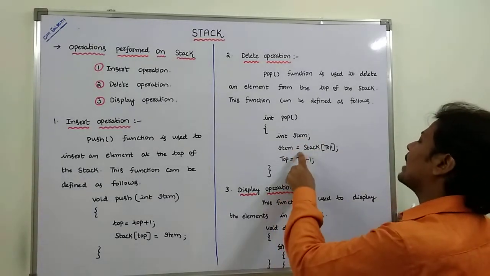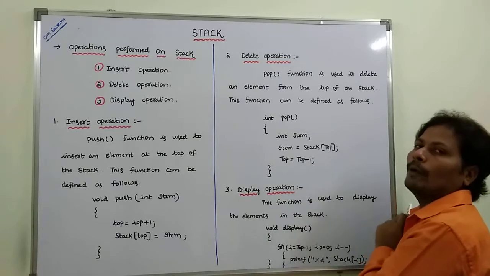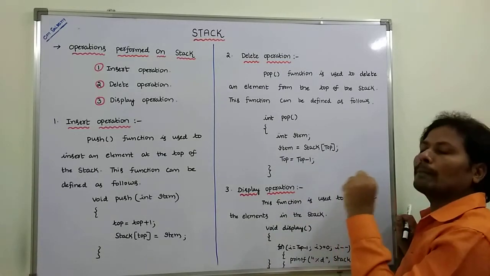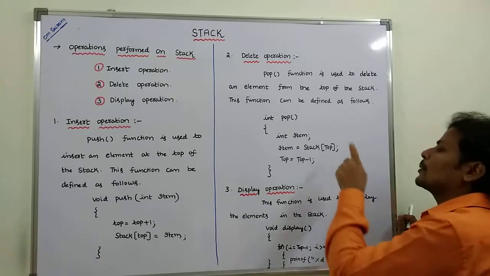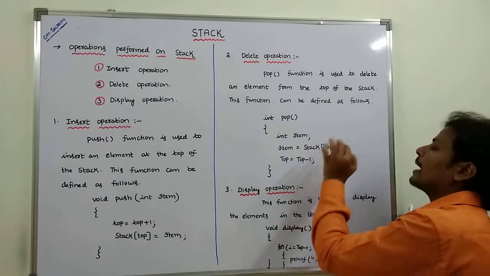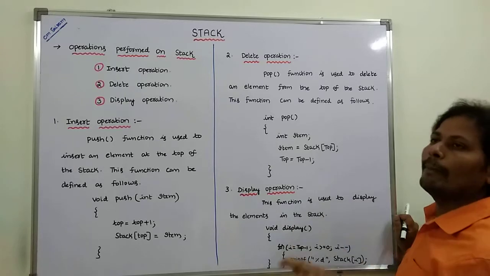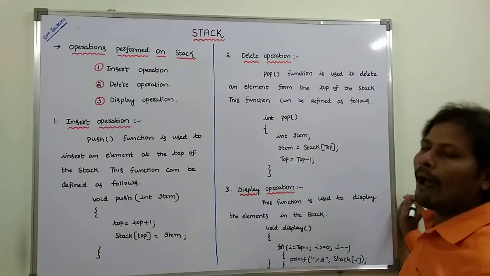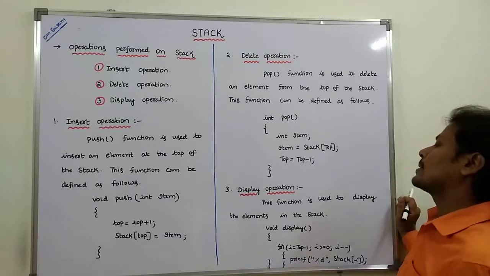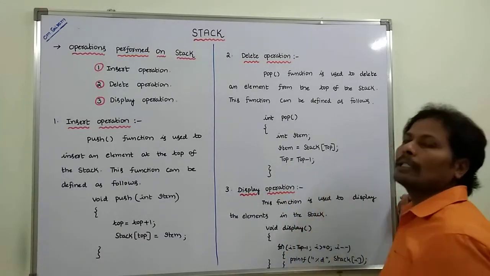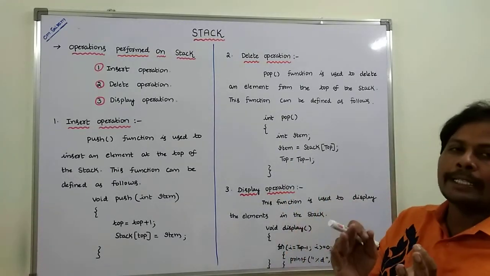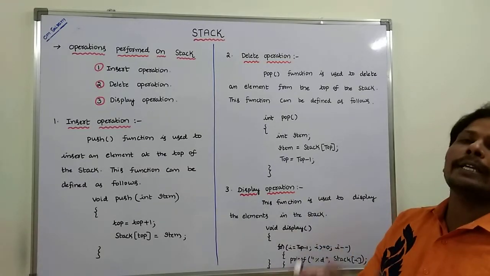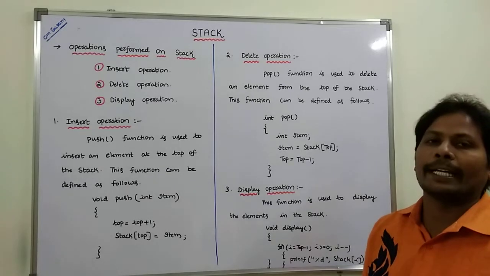So item = stack[top]. Whatever item we want from the top of the stack, we are deleting the element at the top, and that element is assigned to the item. Now decrementing the top pointer. After deleting an element at the top, we decrement the pointer.